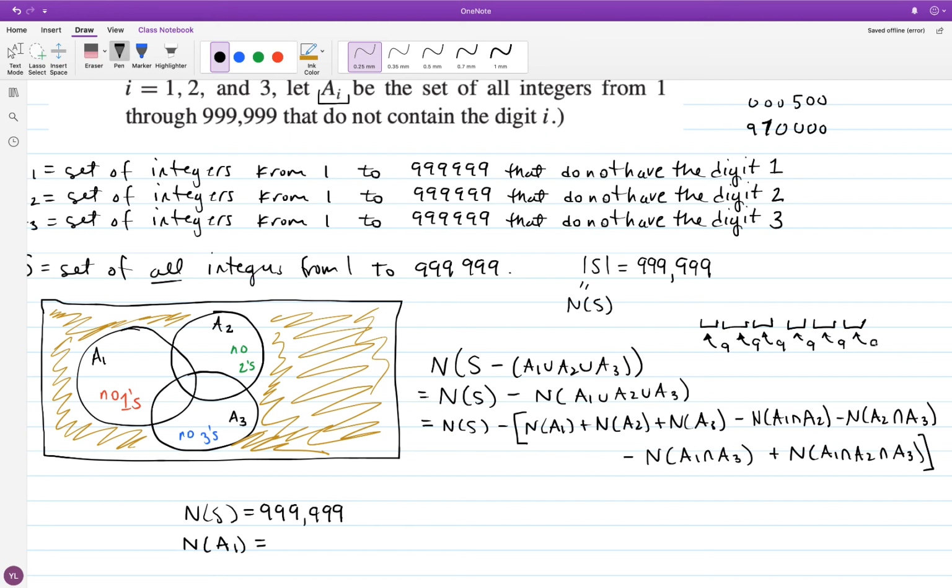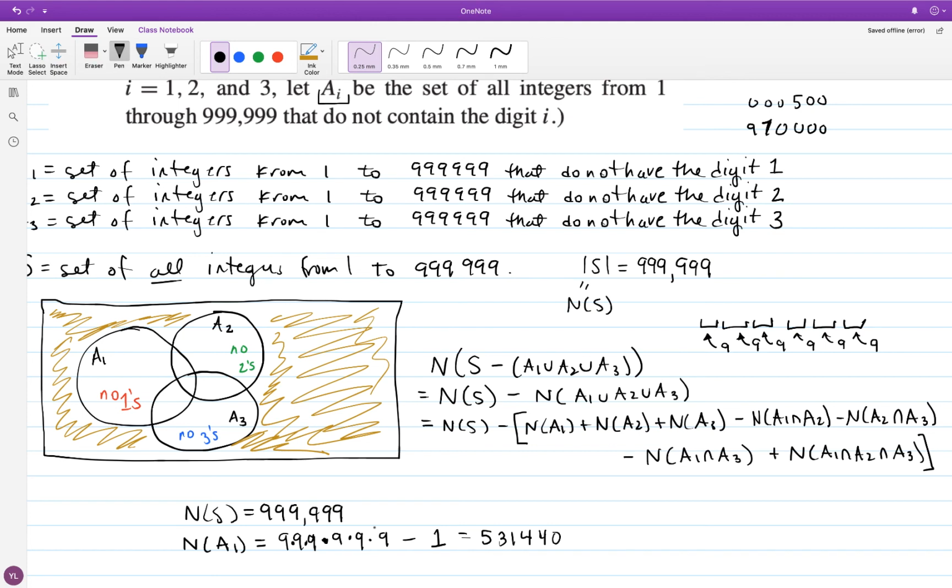What I'm going to do is I'm just going to pretend like I always have the choice to put the number 0, and I think about this count right here. This is the count 9 times 9 times 9 times 9 times 9 times 9. That is all of the integers from 0 to 999,999 that don't have the number 1 in them. So that's going to be a bit of an overcount. So it's 9 to the 6th minus the number 000000, which is representing the number 0. Okay, so let me compute that.